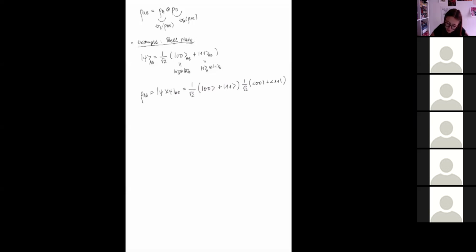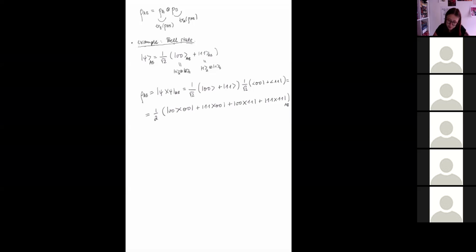Here we don't have to conjugate anything, and we end up with the following sum: |00><00| plus |11><00| plus |00><11| plus |11><11|. Okay, so this is the density operator in terms of brackets.